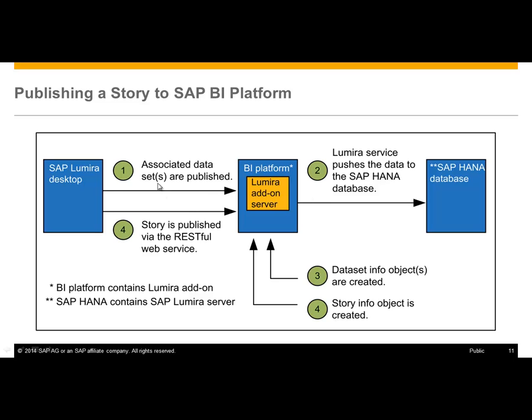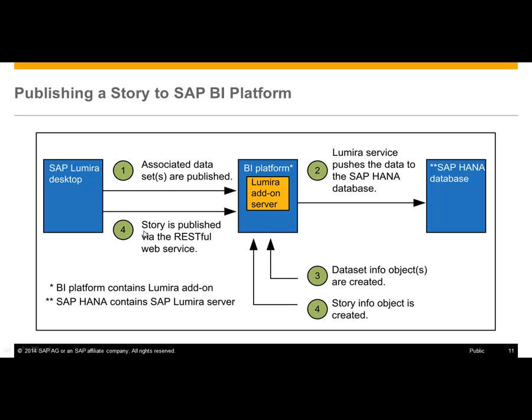Using the Lumira server add-on, it pushes the underlying data from that particular data set into HANA. At the same time, it creates info objects for the data set, so that we as BI admins can monitor which Lumira data sets are published into BI, and also do the user security or any management of that particular data set.